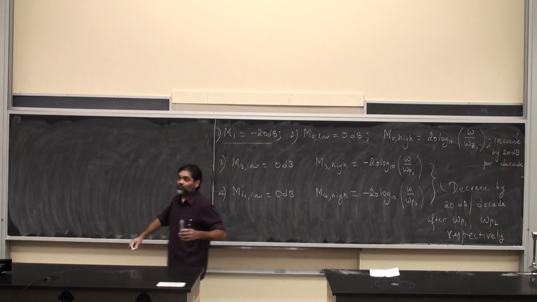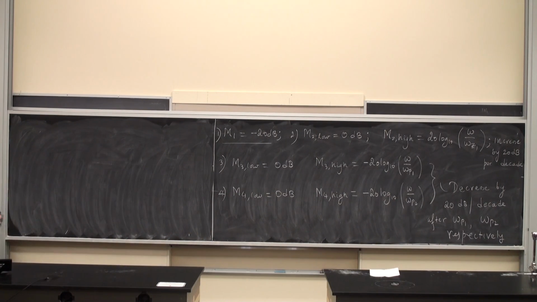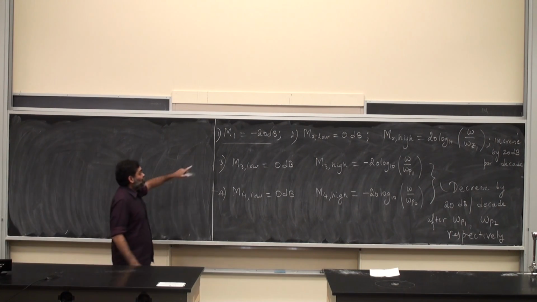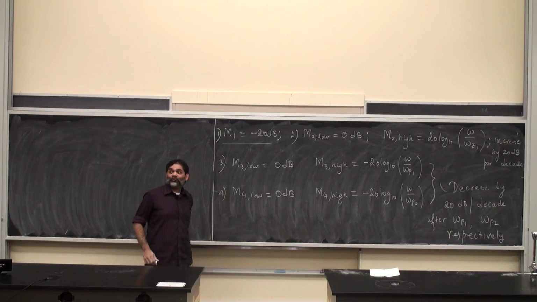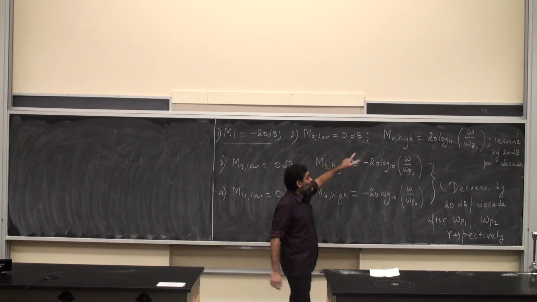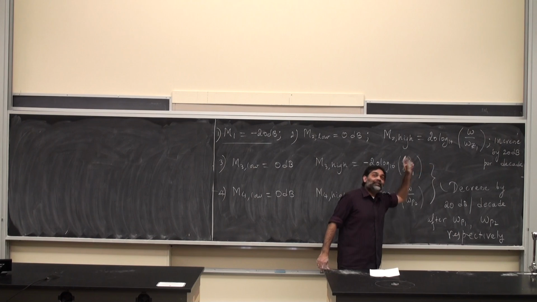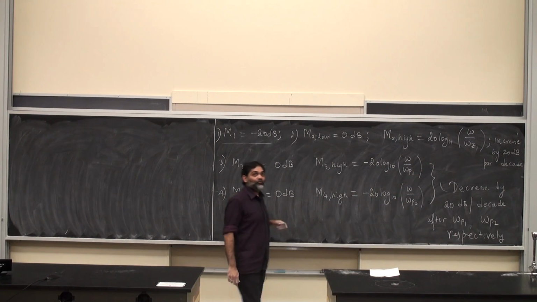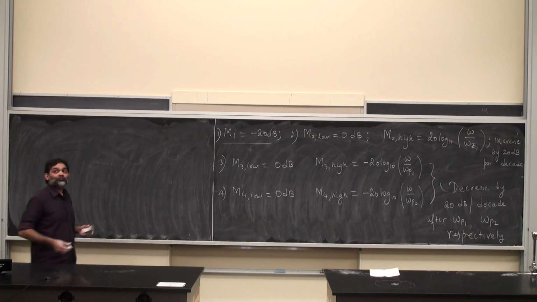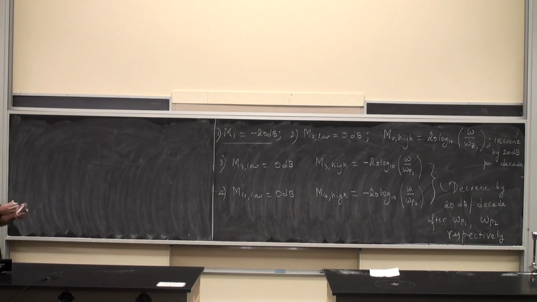Any other questions, please, before I go ahead to the next one? Yes, this is a very general problem. Even though you have some numbers, this is still very general, okay? Constant lines remain constant. If I have zeros that are real and distinct, increase after the corner frequency for that zero, which is the zero of the system. And same idea for the poles, but it's a decrease, okay?